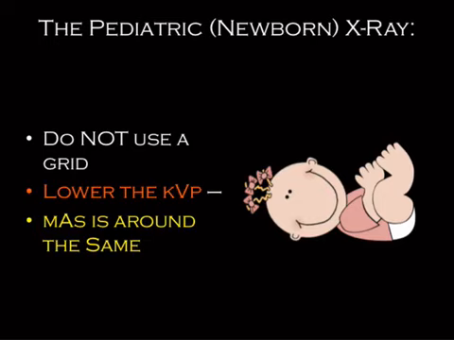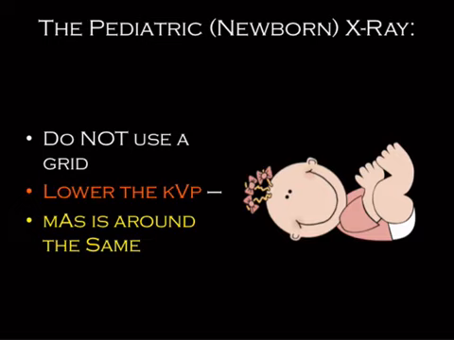So good technique for a baby X-ray is around 65 kVp. They're small, they don't require as much juice to penetrate. And just to put things in perspective here, most adult chest X-rays are around 120 to 140 kVp. So you've really cut the dose by more than half, because you're going by 15%.